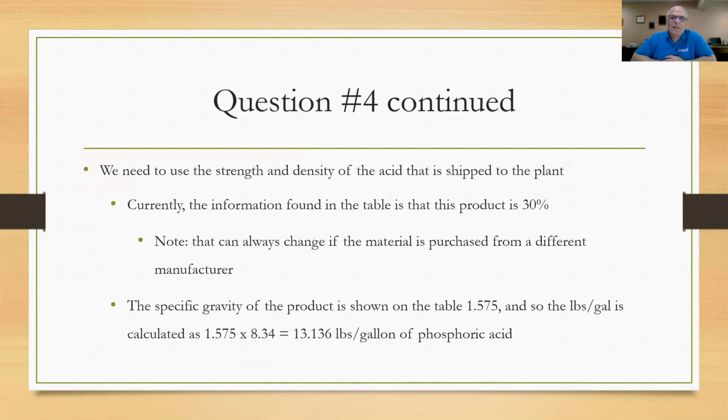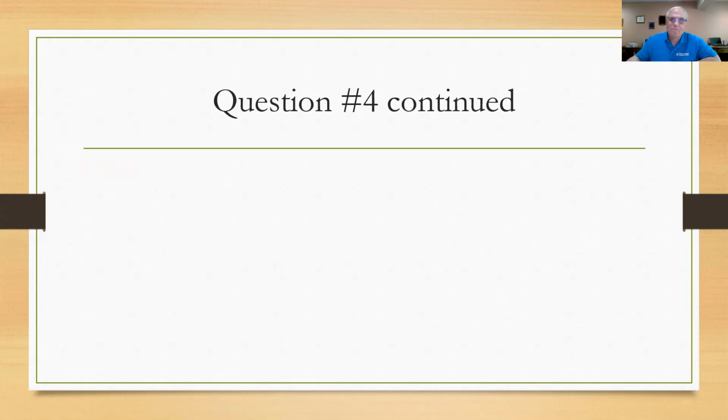So the specific gravity of the product was shown in the table as 1.575. And so the pounds per gallon that this material weighs is 1.575 times 8.34, or 13.136 pounds per gallon of phosphoric acid, not phosphate, not P, not anything else. Phosphoric acid weighs, in this particular case, 13.136 pounds per gallon.